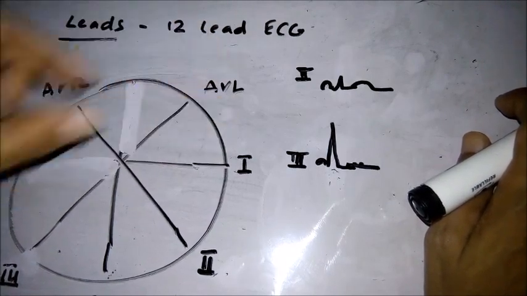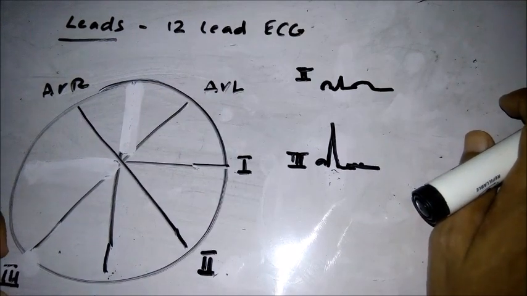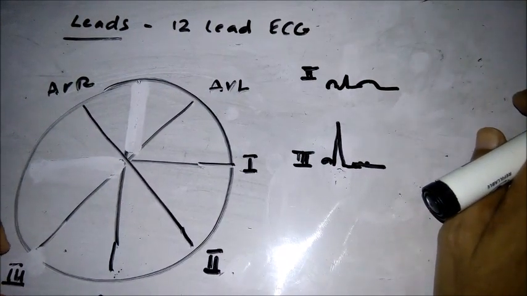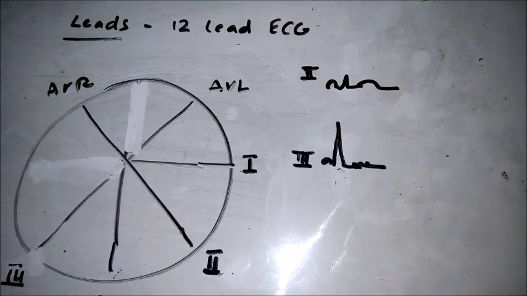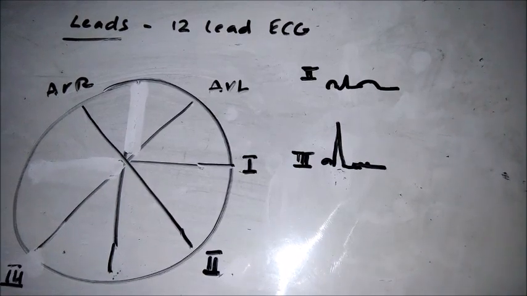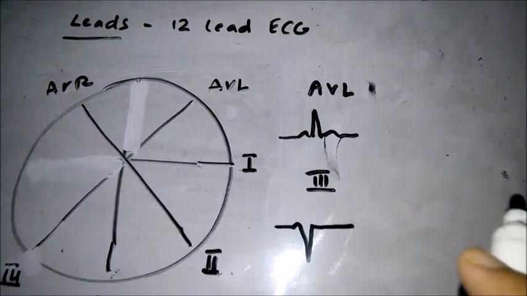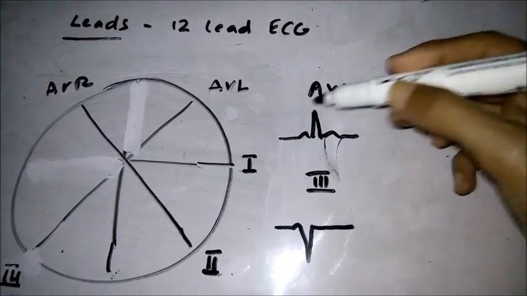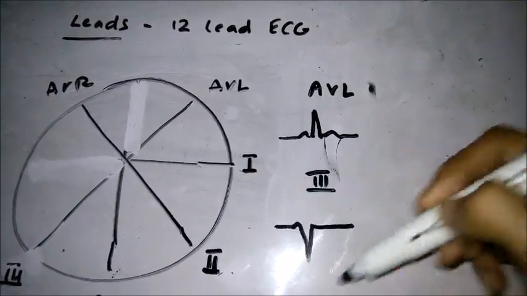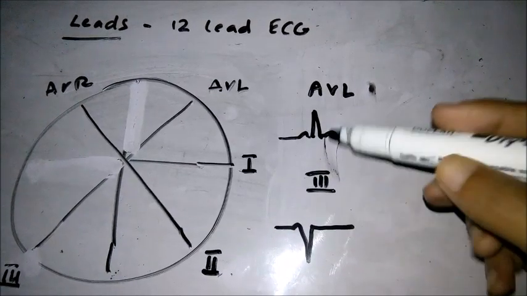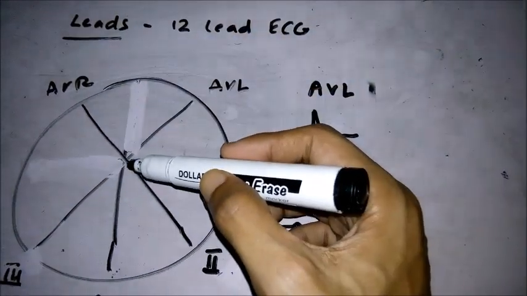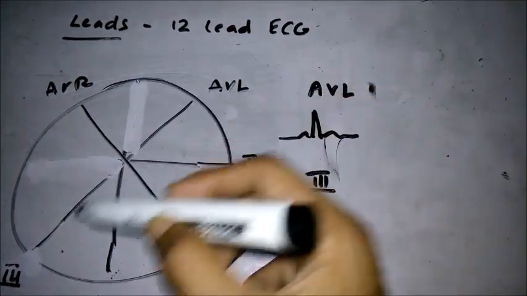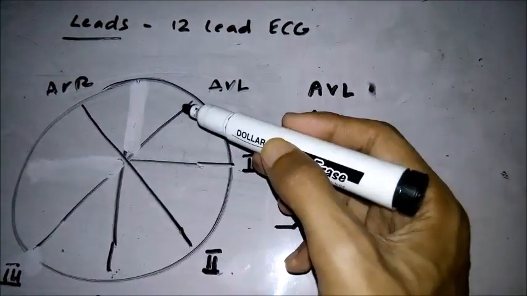Those leads which are opposite to AVR, like lead 3, will show a very negative kind of deflection. Now if AVL is showing a positive deflection and lead 3 is showing a negative deflection, that just means that the electrical activity is moving towards AVL and away from lead 3, right?